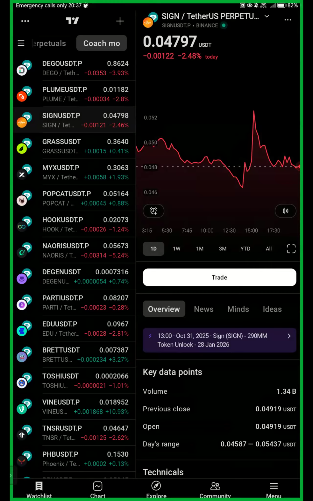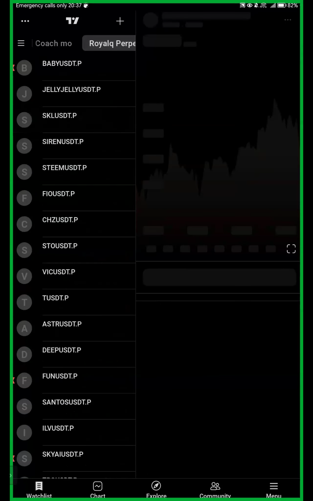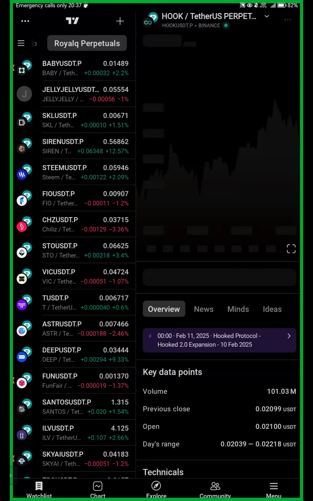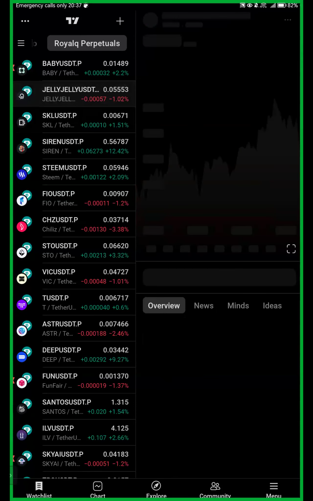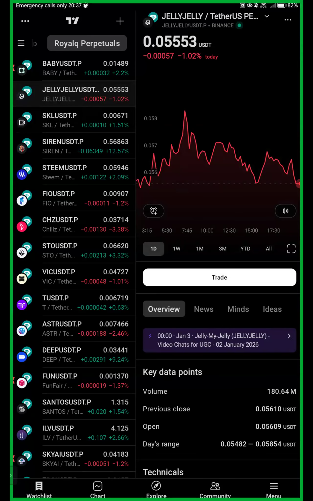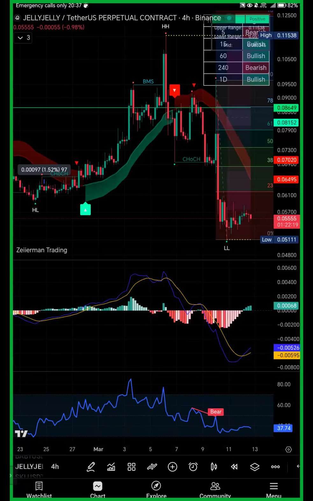Let me go to the Royal Q page so that I bring coins that people are familiar with. For example, let me bring Jelly Jelly here. When I bring Jelly Jelly, I'm going to open it so that I can have the chart for Jelly Jelly. Let me remove these indicators.